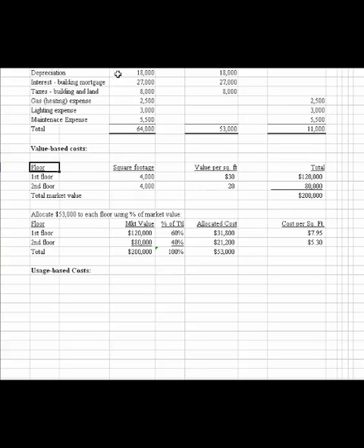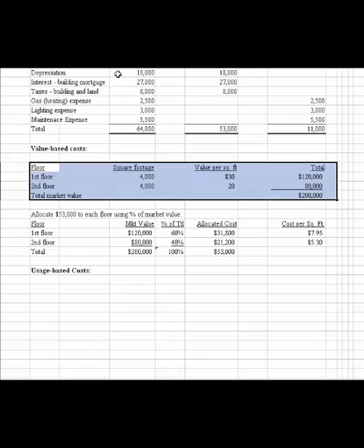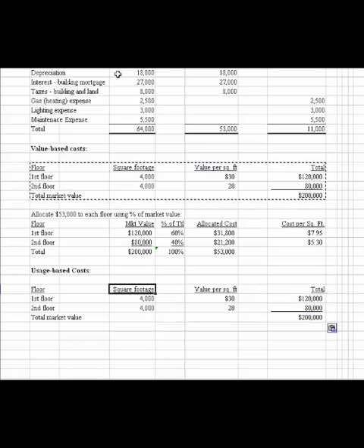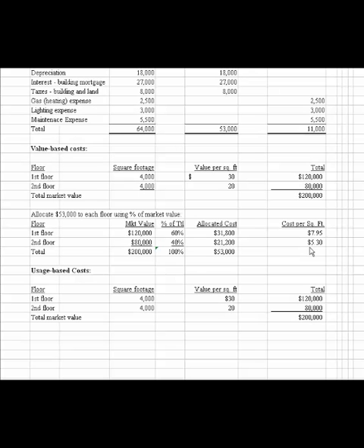Okay, I'm going to start by copying this just to get the totals and everything where it needs to be. Okay, now with usage-based cost, we need a cell up here to be completed. I need to sum this just to determine the total square footage. Obviously, we know it's 8,000 from the problem, but I like it when it's visible in front of us in Excel.